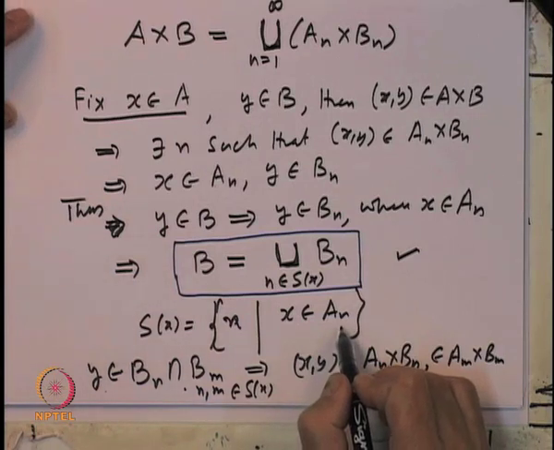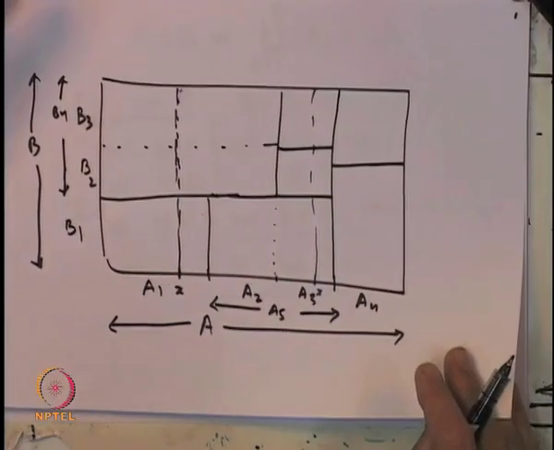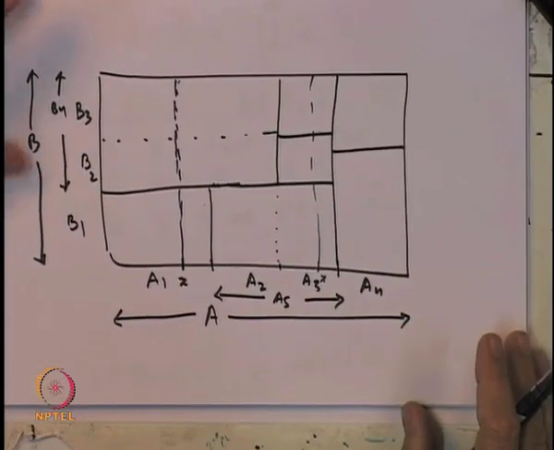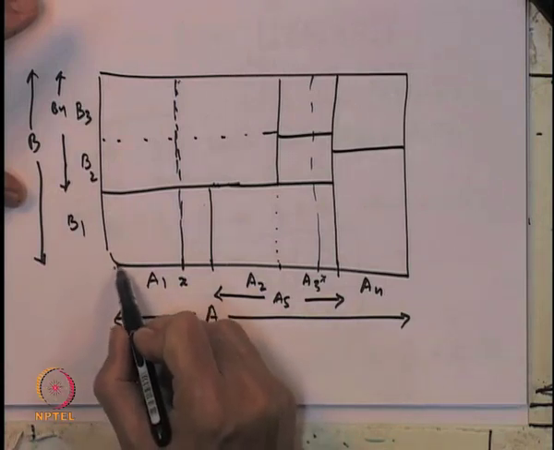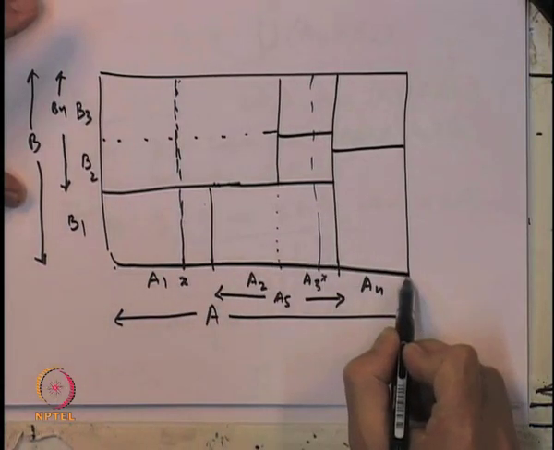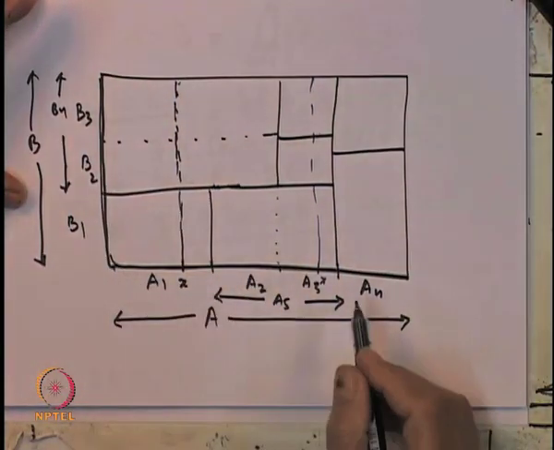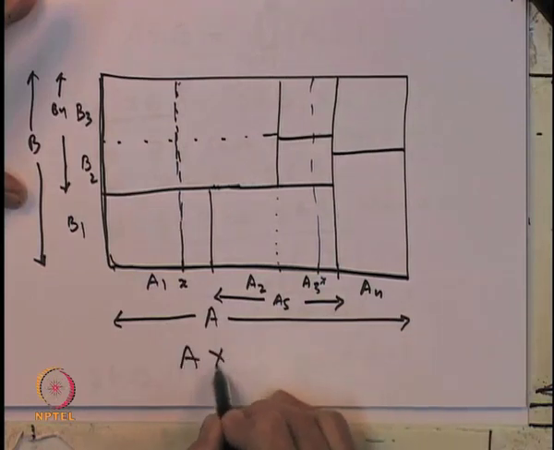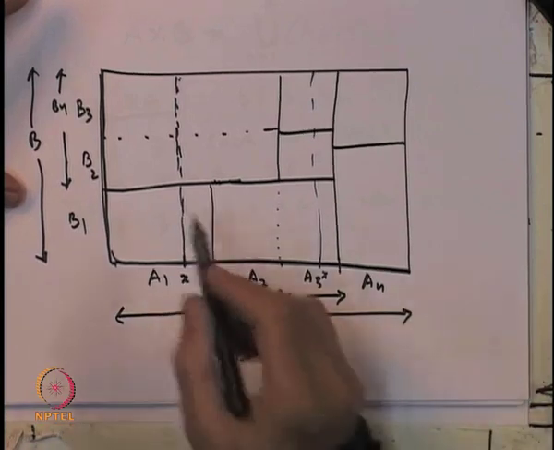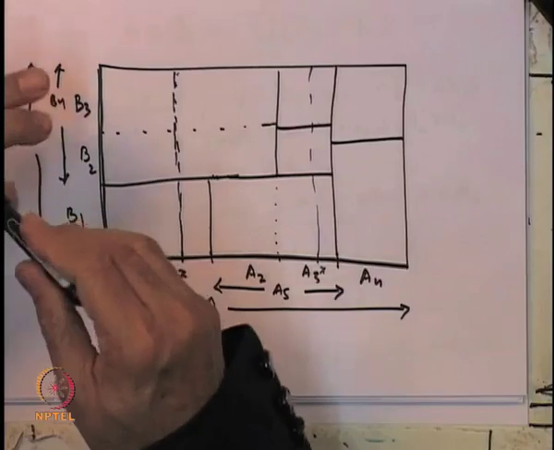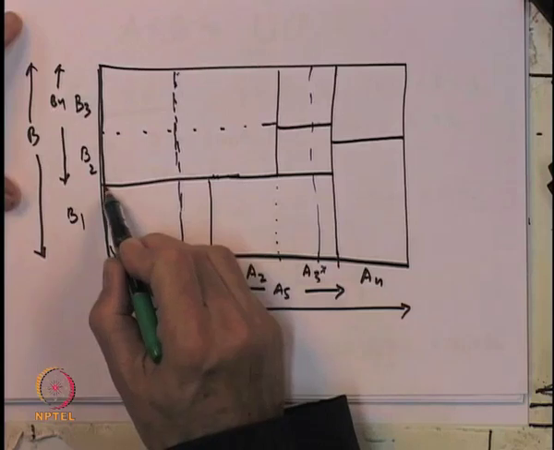Okay. So, to look at a pictorial view of this, let me just take a very simple illustration. This is the set A, and this is the set B. So, we have got a rectangle A cross B, and it is written as a disjoint union of rectangles. So, here are the disjoint union of rectangles. What are those rectangles?